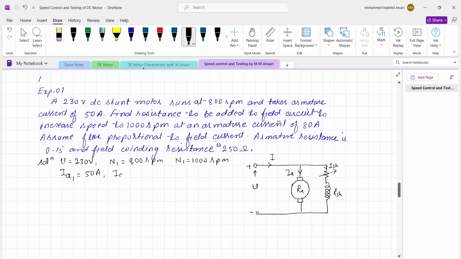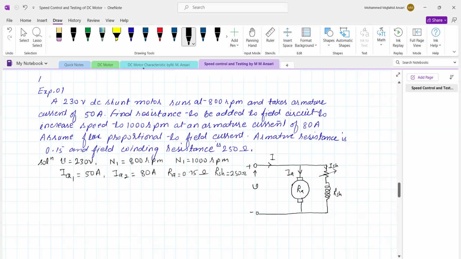In the second case IA2 is equal to 80 ampere. Whereas armature resistance is given as 0.15 ohm and shunt field resistance RSH is equal to 250 ohms.